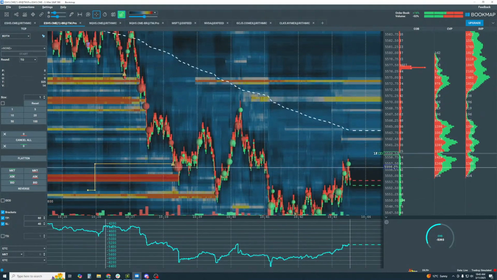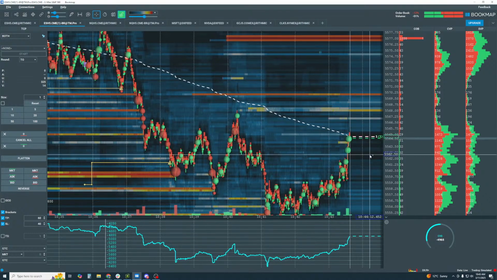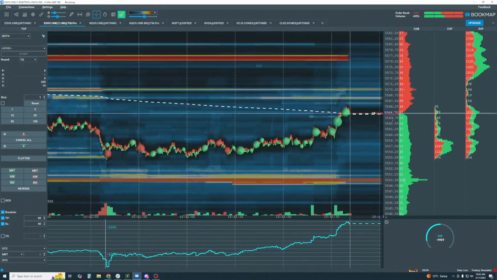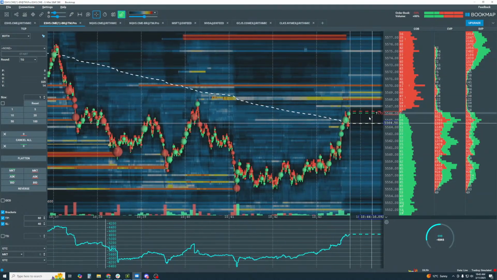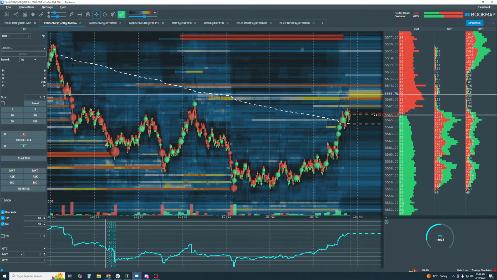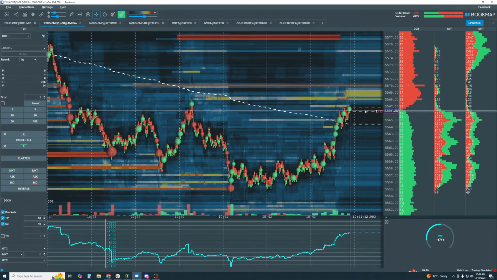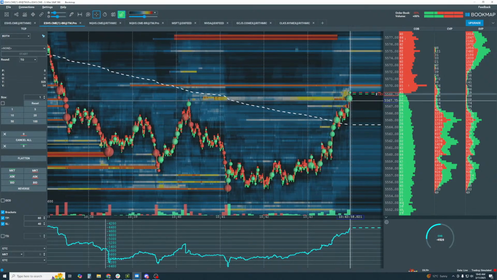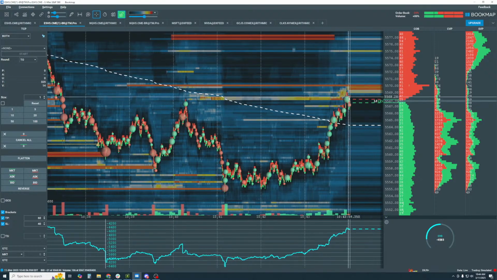So maybe we can even go along with them. We're missing it. We can look for maybe a pullback here, and looking to fill in this little gap in here. Boy, I don't like buying up here, but it looks like it's going to go through.